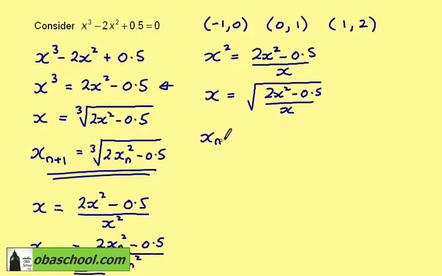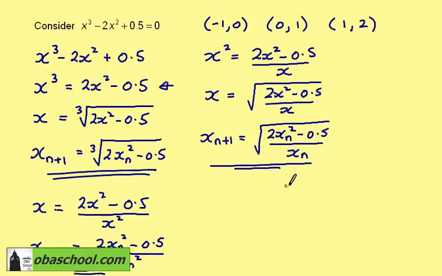This would produce the iteration formula xn plus 1 is the square root of 2xn squared minus 0.5 over xn. Once again, we haven't seen this one in operation, so we don't know what its behavior will be.